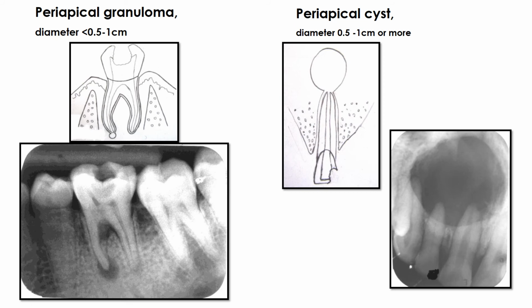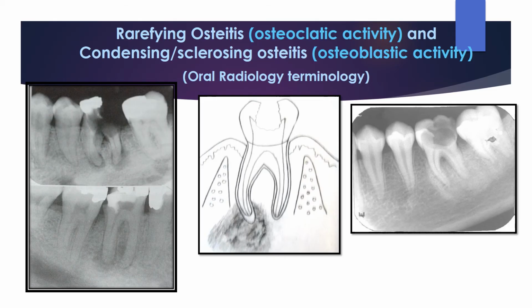As the pulp and the periapex react to periapical infections as a part of the inflammation process, the root apex in the alveolar bone could show changes.